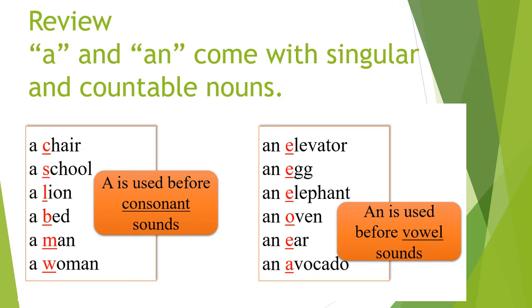Whereas an comes in front of nouns having vowel sounds like an elevator, an egg, an elephant, an oven, an ear, and an avocado.